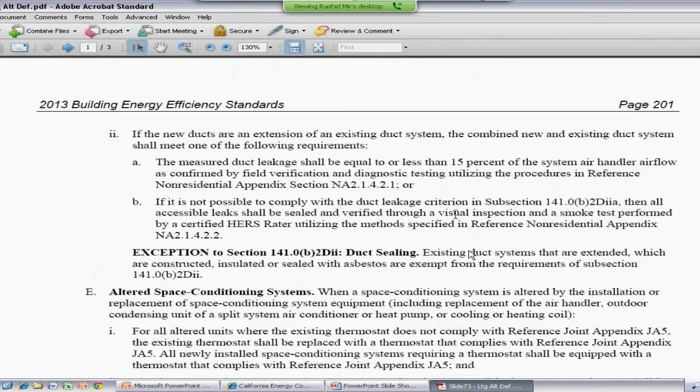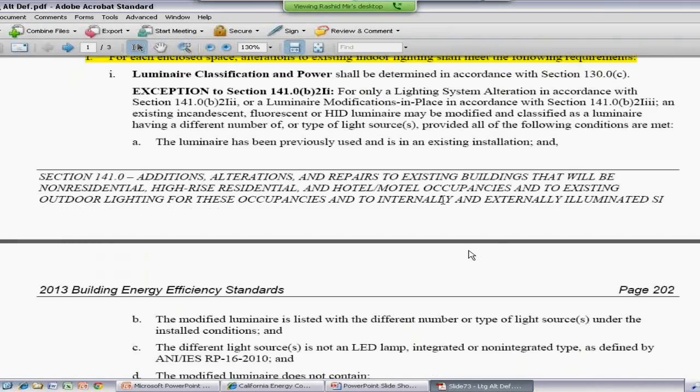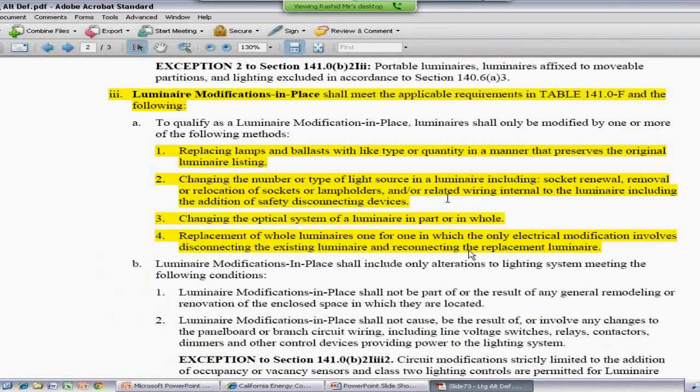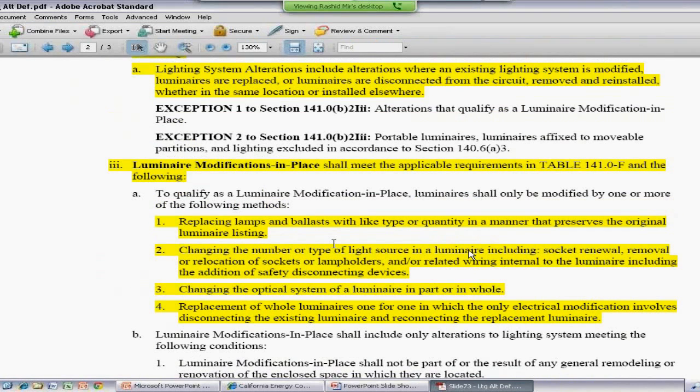So if we go back to Section 141.0, if we go to the definition of luminaire modification in place, you'll see here these include replacing lamps and ballasts with like type or quantity in a manner that preserves the original luminaire listing, changing the number or type of light source in a luminaire, changing the optical system of a luminaire in part or in whole, and then also replacement of whole luminaires one for one, in which the only electrical modification involves disconnecting the existing luminaire and reconnecting the replacement luminaire.